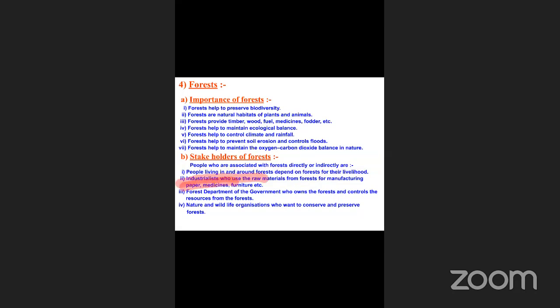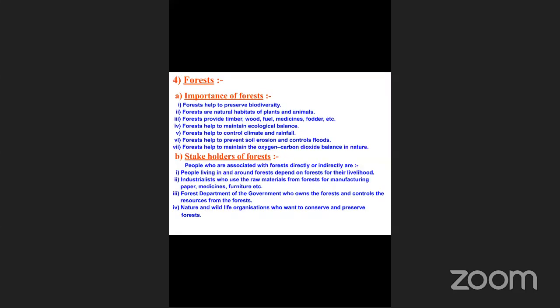Then the industrialists who use the raw materials from forest for manufacturing of paper, medicines, furniture, etc. Then forest department of the government who owns the forest and controls the resources from the forest. And lastly, the nature and wildlife organizations who want to conserve and preserve the forest. So these are the stakeholders of the forest. Clear? Yes, ma'am. Okay.